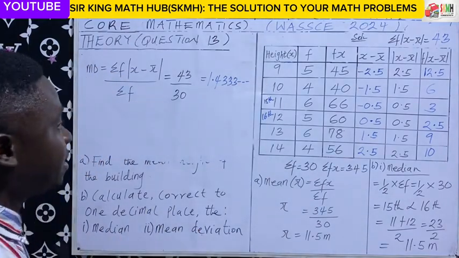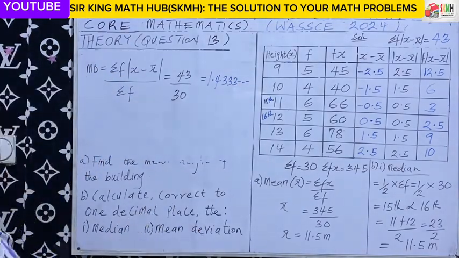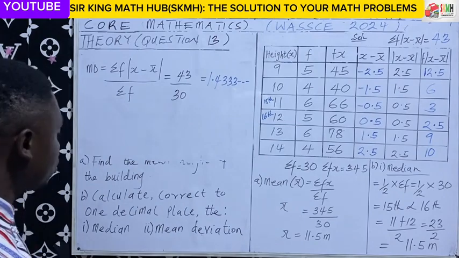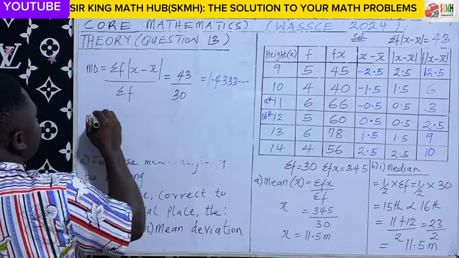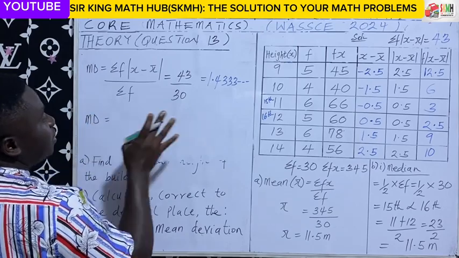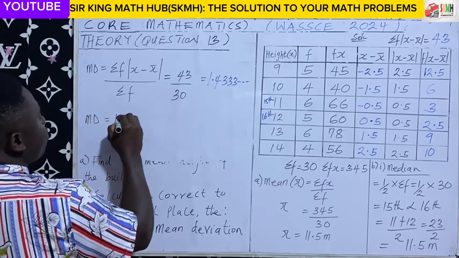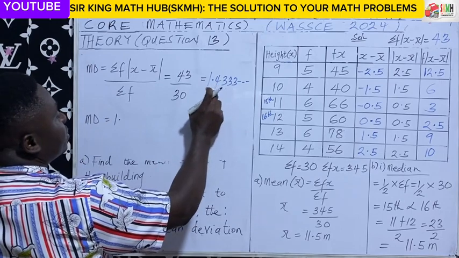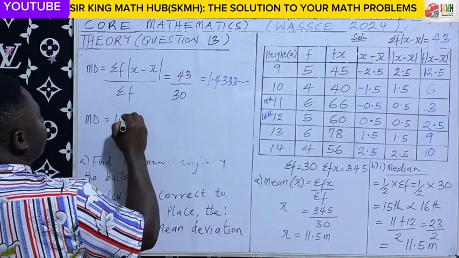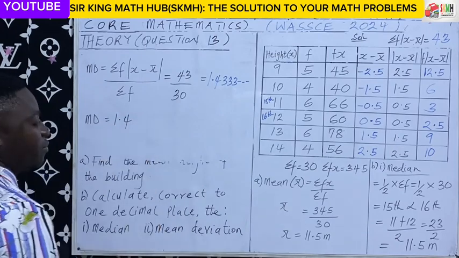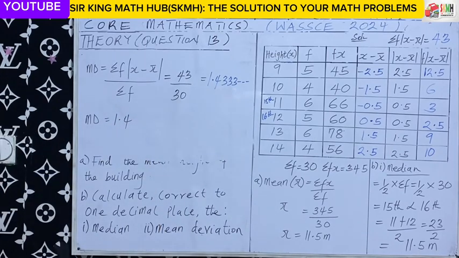This is a recurring decimal. But don't forget that we are asked to correct our answer to one decimal place. So you can conclude that the mean deviation of this data is 1 point. So this is the first decimal place, 4. 3 is less than 5, so that should give us 1.4.